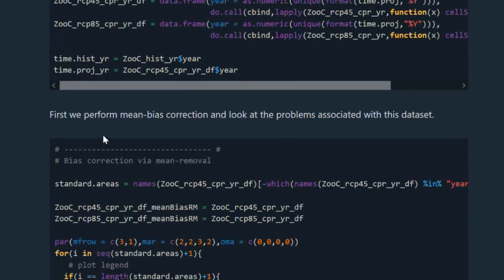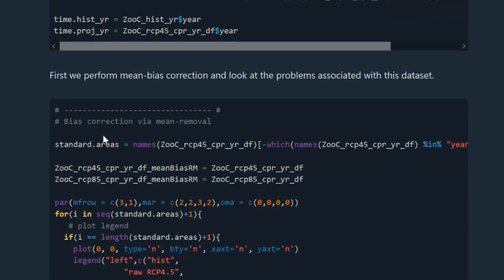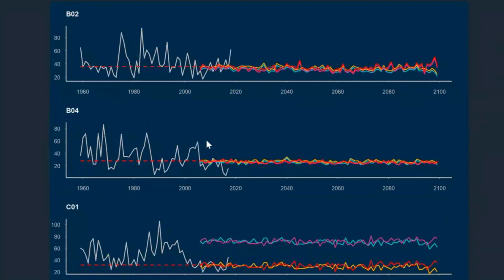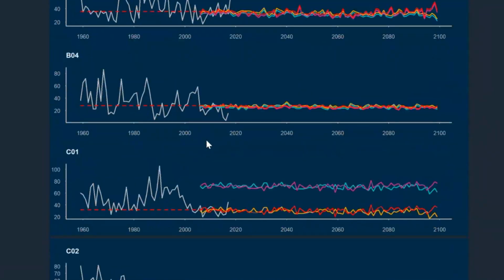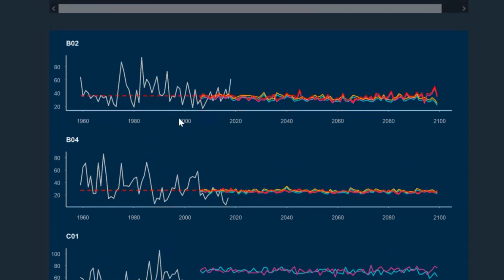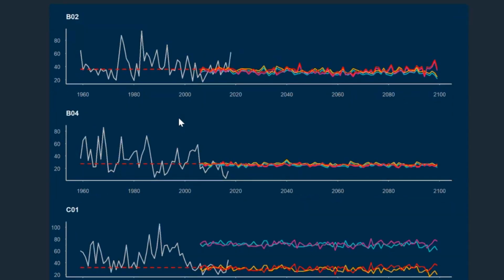Because we want to bias correct things, and when we perform a mean bias correction, we see that we can do it, but since the variance does not really match of the projected data with the historical data, which might also be that the projected data does not include all the different zooplankton types that the CPR data includes, and this is also some aggregated biomass in the projection.